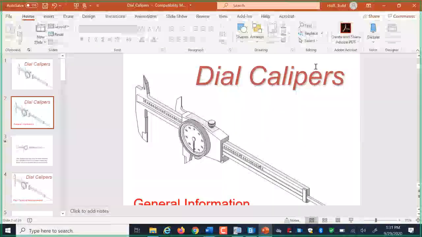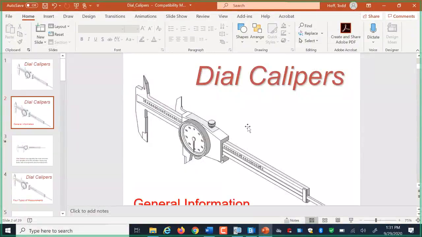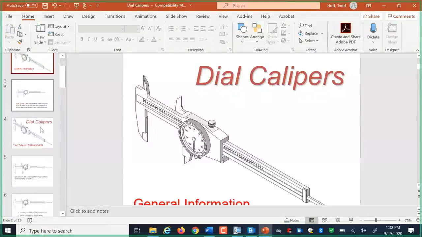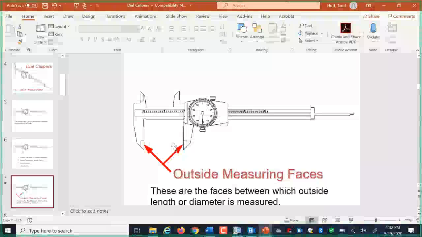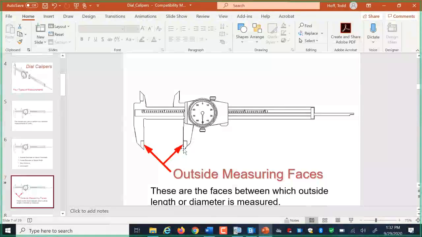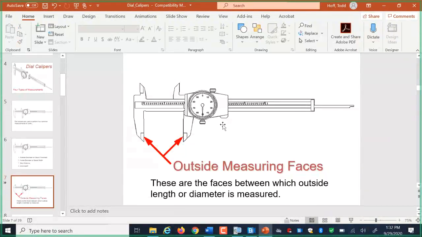So let's look at some of the features of the dial caliper. The dial caliper actually has 4 ways that it can be used for measurement. It's standard measurement using the main jaws, which everybody is familiar with, where you place something between those main jaws and you tighten it down. Now this little button right here actually is a little wheel.